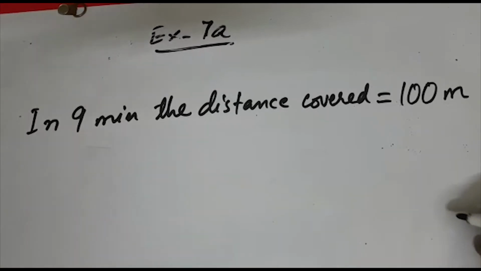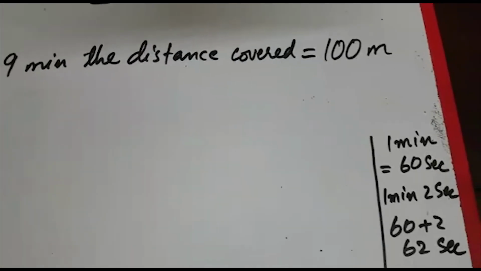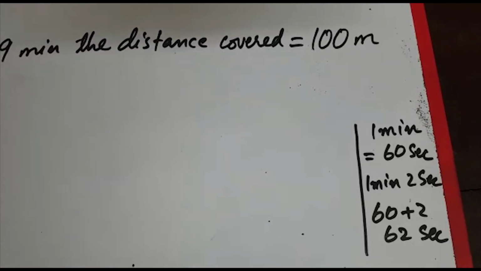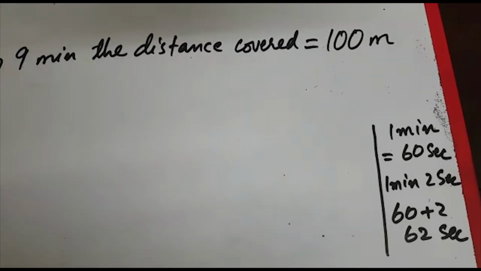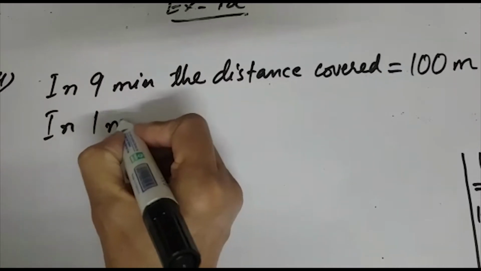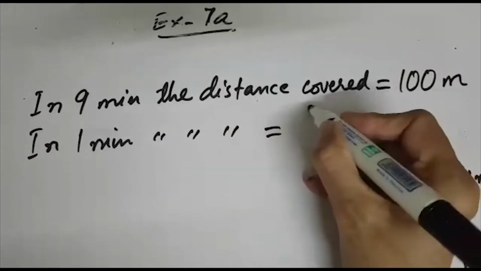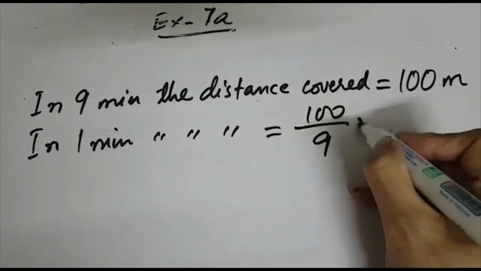Now do the rough work if you want to convert, like 1 minute equals 60 seconds, and in total you have 1 minute and 2 seconds. So total seconds are 60 plus 2 gives you 62 seconds. This is the conversion of minutes into seconds. So you can say in 1 second the distance covered by the fastest man is 100 upon 9 meters.